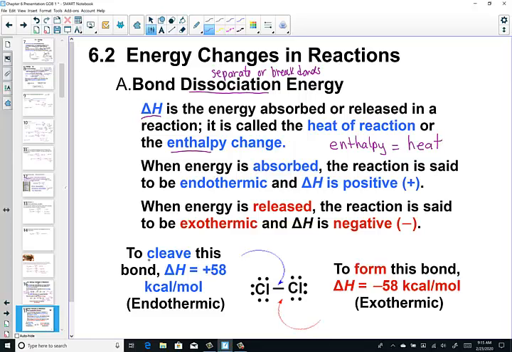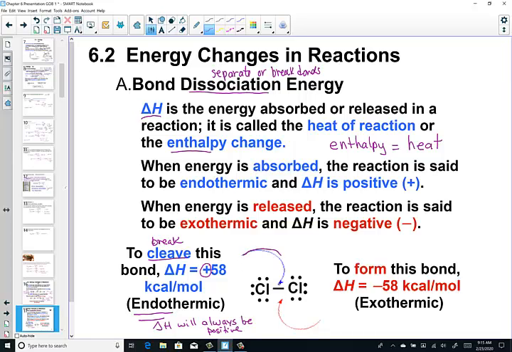Remember, to break bonds, it requires energy. That was an endothermic process. Notice that it has a positive sign for the kcals per mole. Endothermic, delta H, will always be positive. Because it requires energy. Think of it as a reactant on the left side of your arrow. It's required. You have to input energy to make the reaction occur.